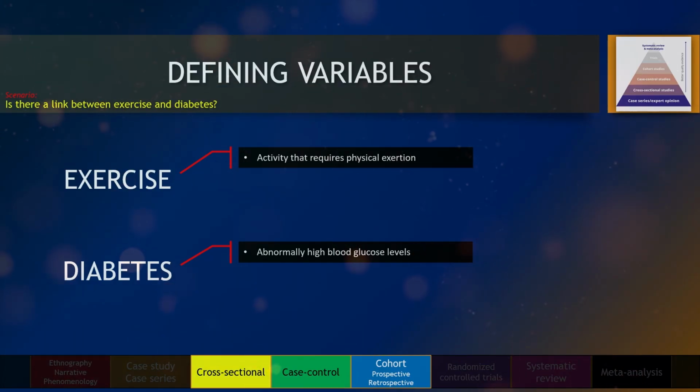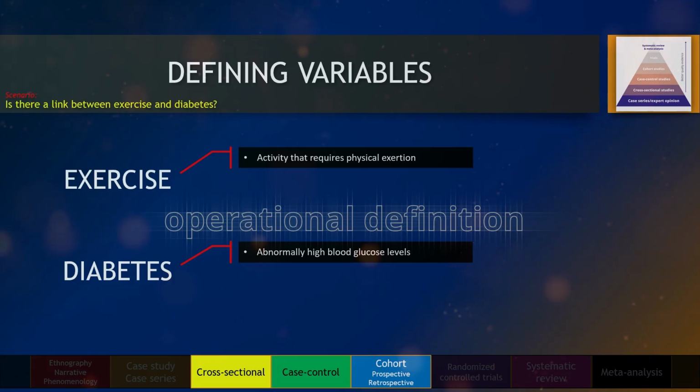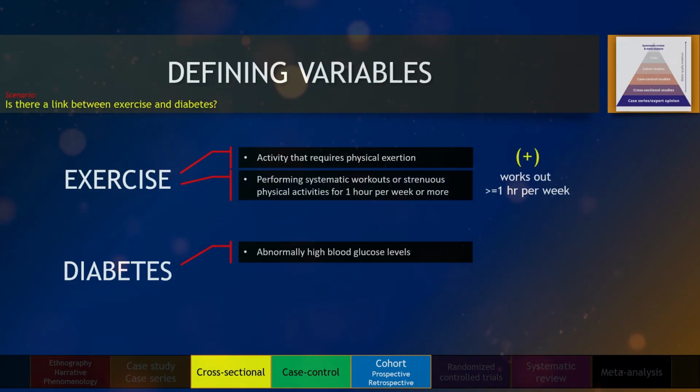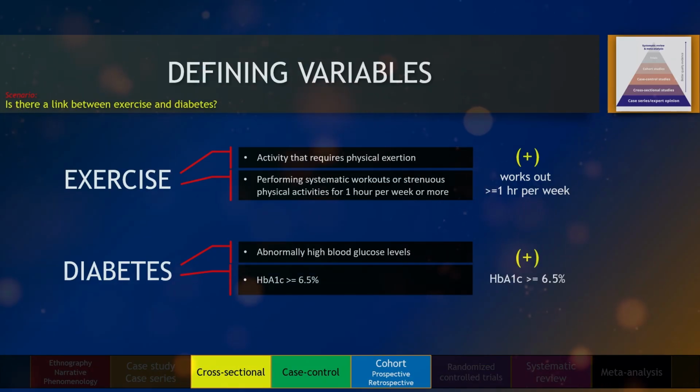Then we move on to operational definitions, or how each variable is defined specifically for your research alone. One operational definition for exercise could be performing systematic workouts or strenuous physical activities for 1 hour per week or more, while diabetes can be operationally defined as having an HbA1c more than 6.5%.